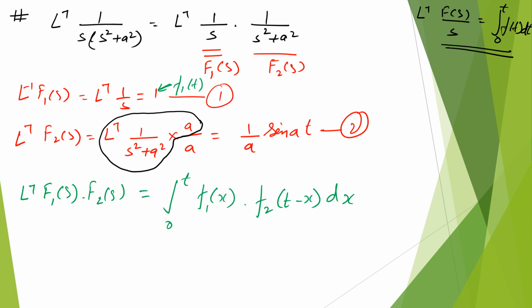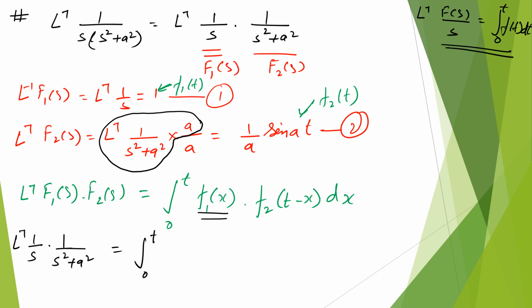So by using the convolution theorem, Laplace inverse of 1 over s into 1 over s squared plus a squared is equal to the integration from 0 to t.